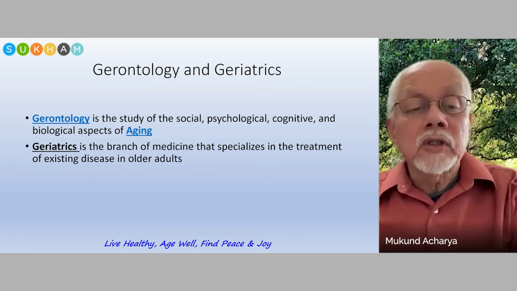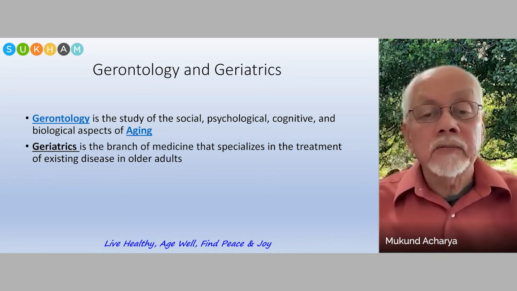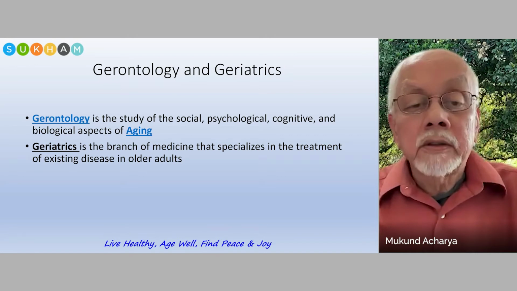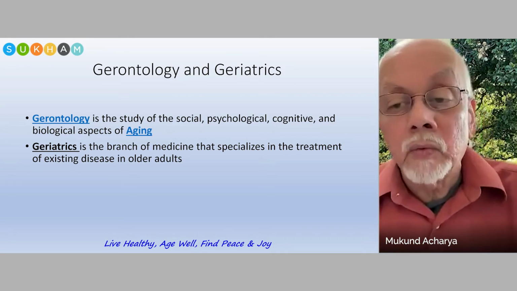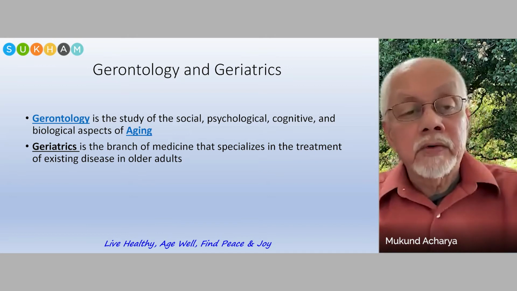So in addition to the medical aspects of aging, all the other issues that impact society and the way we live and work with each other is covered under the science of gerontology.